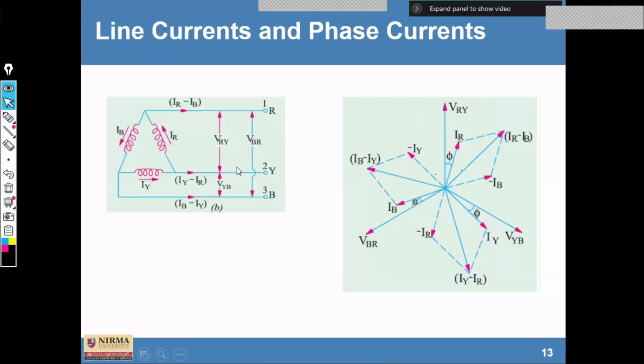In a similar way we can draw the waveform for delta connection also. So this is a delta connection. Clear? And according to that, this is VRY, similarly this is VYB and VBR.